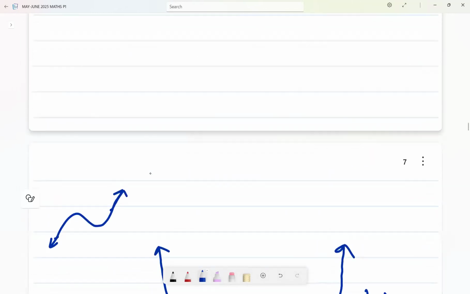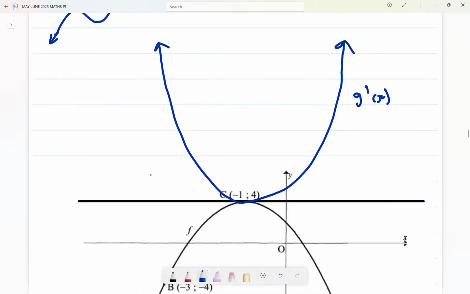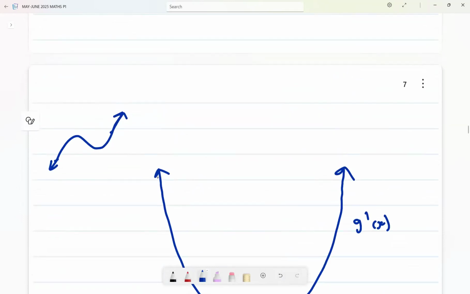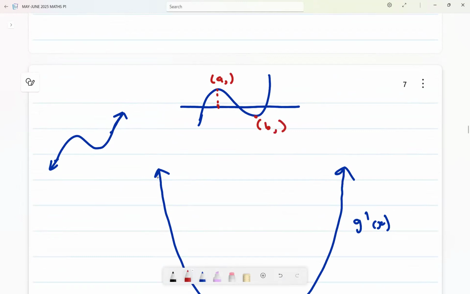How do I get the stationary points? Let me explain this again. If I'm having my cubic function like this, the x coordinate of the turning point is going to be my what?